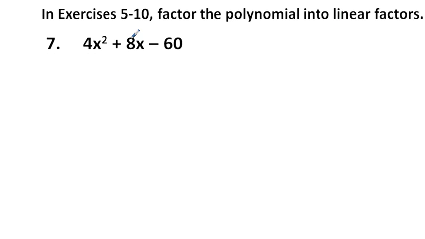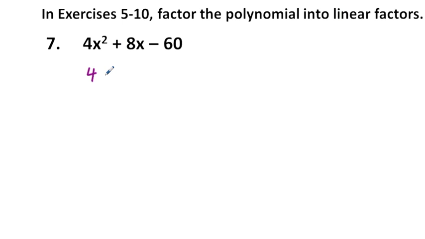Okay, we have 4x squared plus 8x minus 60. So what is our greatest common factor? We don't have an x that's involved here, do we? Well, 4 is a factor of this one on the left, right? 4x squared, that's obvious. And then 8, well, 4 times 2 is 8, that's right. And 4 times 15 equals 60.